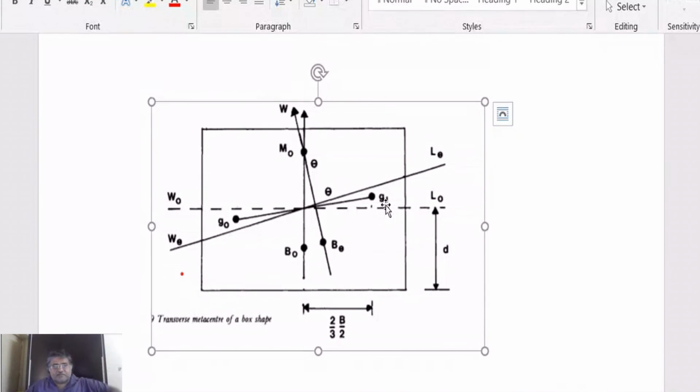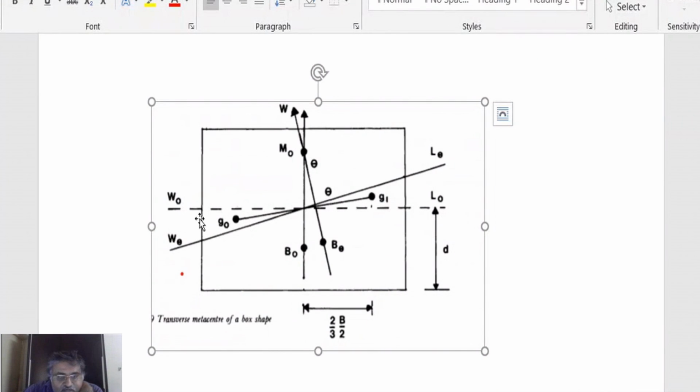Sir, I was saying G0 is the centroid of this volume.